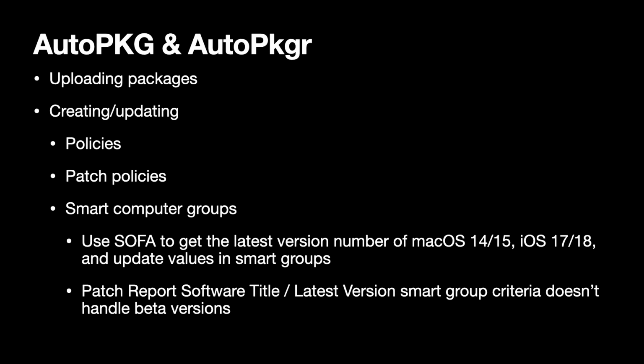So that's come in really handy, because although Jamf has some of that stuff in their patch management titles, it gets confused about beta versions. Because we test beta versions at the same time we're testing the shipping version, it will think that a beta version that's higher than the current shipping version is not actually up to date. So that throws your reports out. So that's why we use the SOFA stuff.